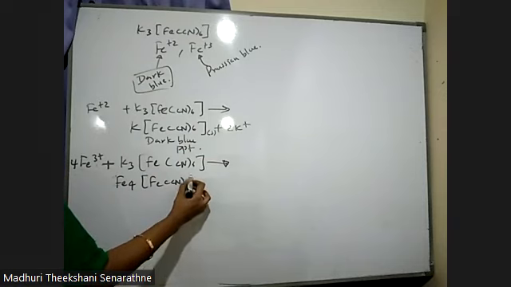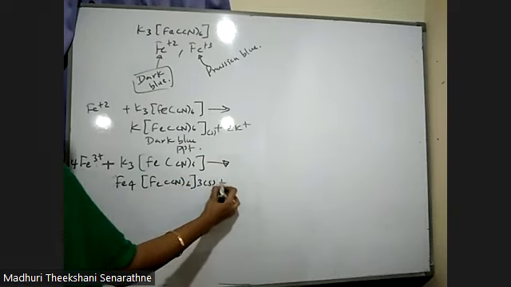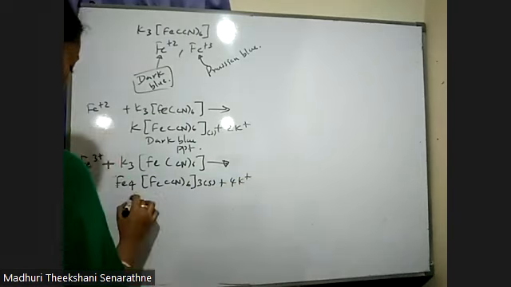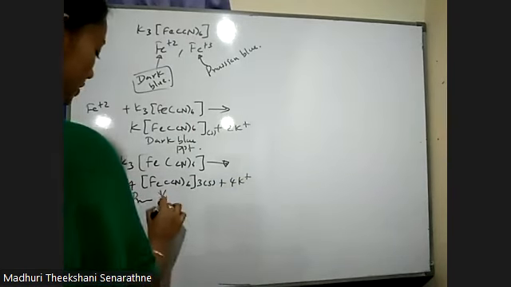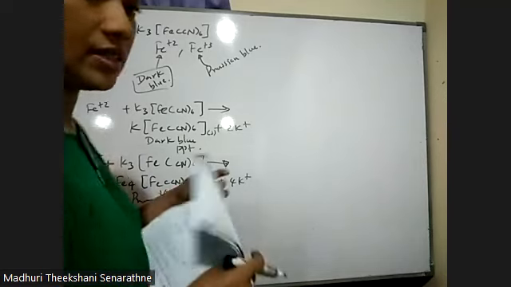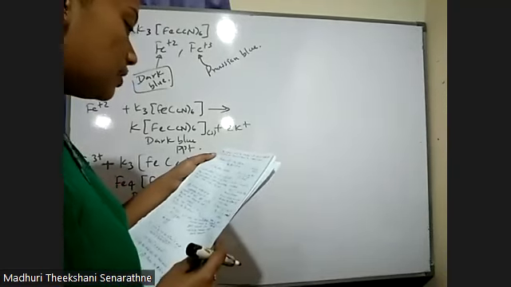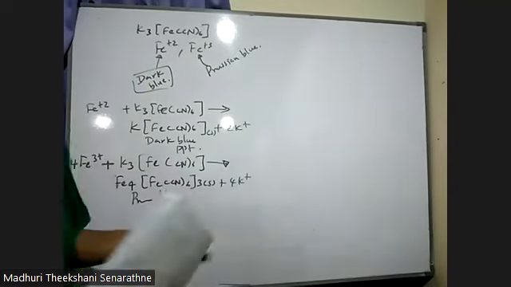This is the Prussian blue precipitate. The answer is Fe3 plus.